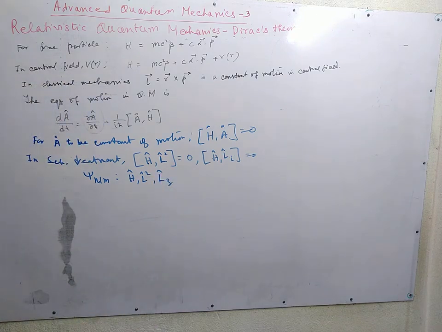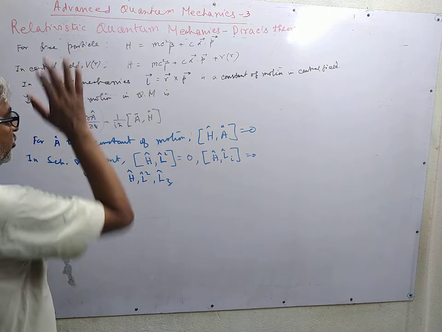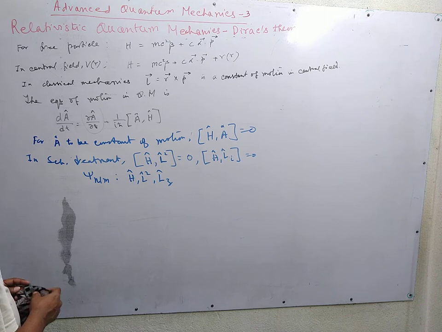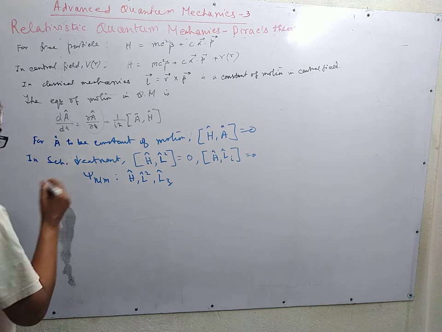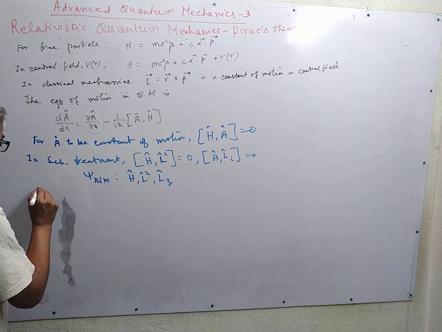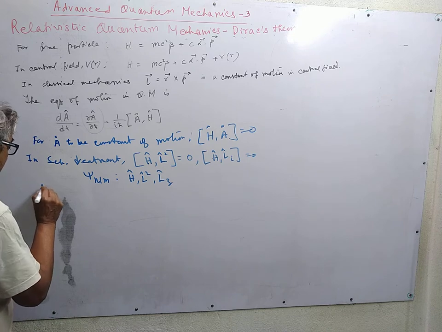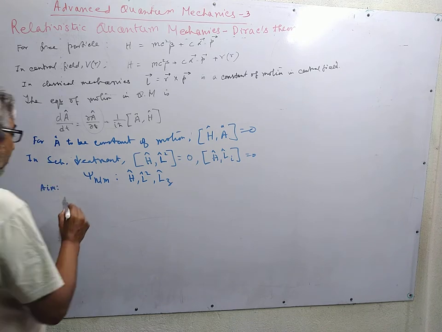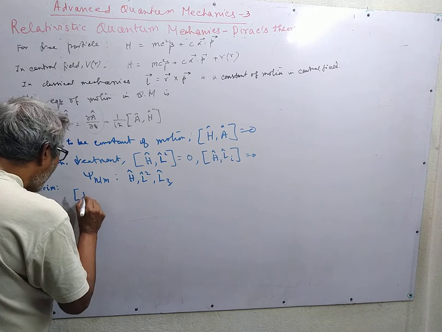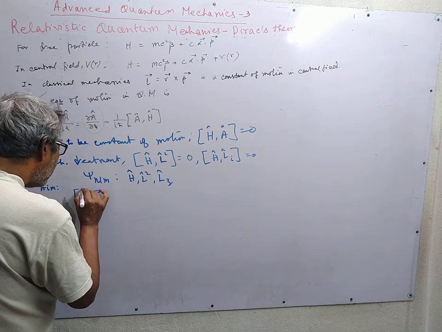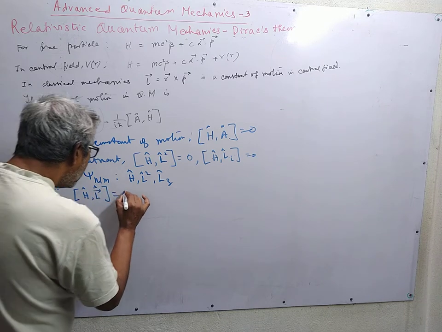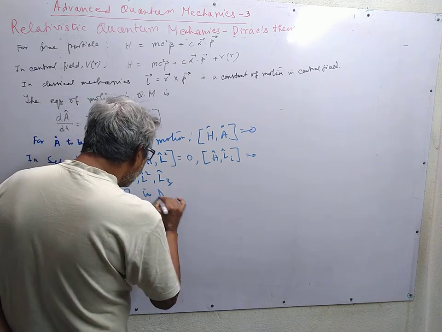What is the situation in Dirac theory? We are looking for the commutator of H with L, where H is this matrix. So in Dirac theory, our aim is to see what is the value of the commutator of H with Lx in Dirac theory.